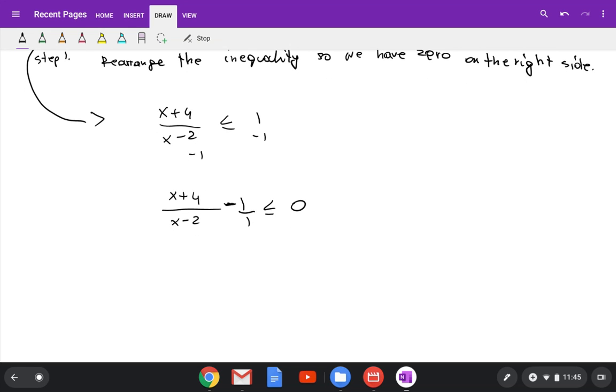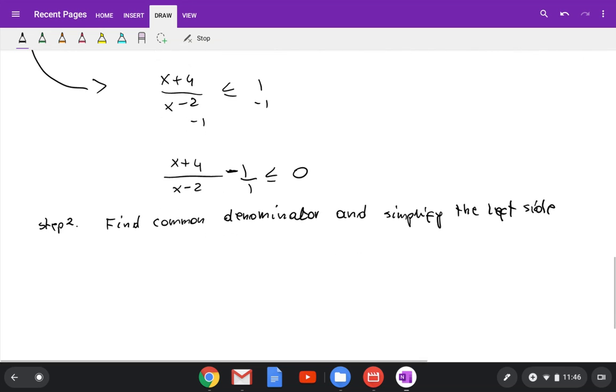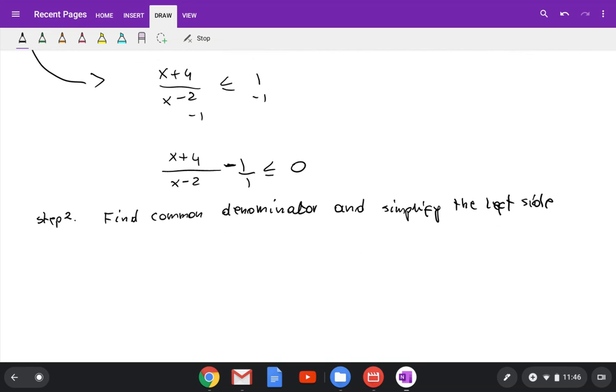So next, step 2, you need to find a common denominator and simplify the left side. So the left side of the inequality has to be a fraction of numerator over denominator. That's it.